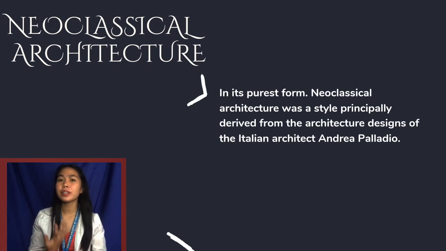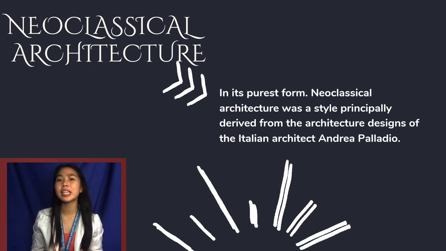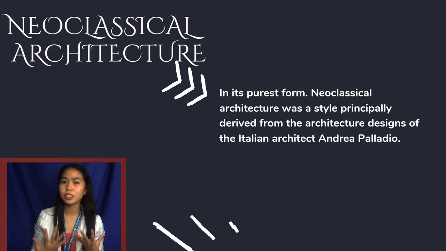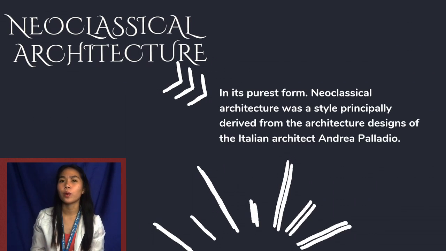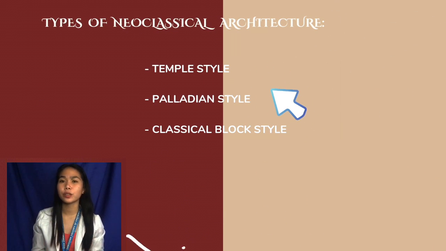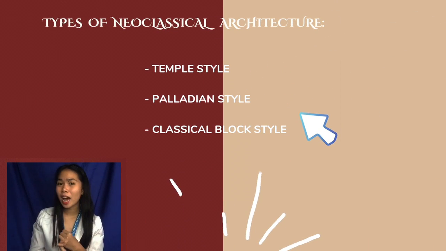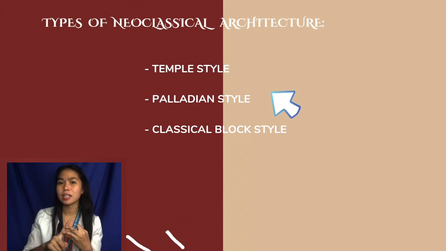So in its purest form, neoclassical architecture was a style principally derived from the architectural design of the Italian architect Andrea Palladio. So we have here the types of neoclassical architecture. First is the temple style, the Palladian style, and also the classical block style.